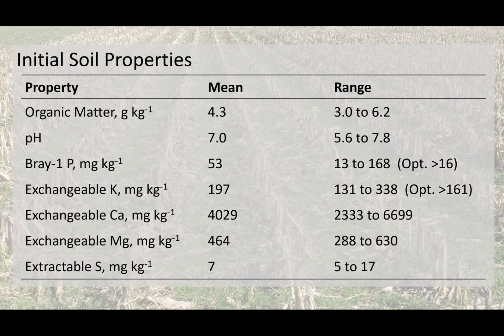There was phosphorus put down in the fall of 2016 before I had all these numbers to see what we had. Potassium, again, I probably should have added the median instead of just the mean, because the potassium is more of a problem out there. There are a lot of plots that are below this 161 parts per million optimum. So we have been adding K quite a bit, but we haven't added much phosphorus at all.